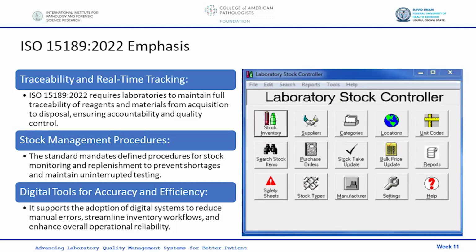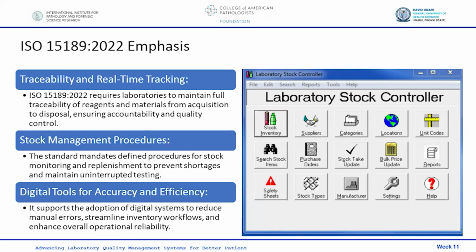Then another one is stock management procedures. The standard mandates defined procedures for stock monitoring and also replenishment to prevent shortages and also maintain uninterrupted testing. So all these things should be in place. Okay, and that is the emphasis the ISO 15189 is laying on digital inventory management.